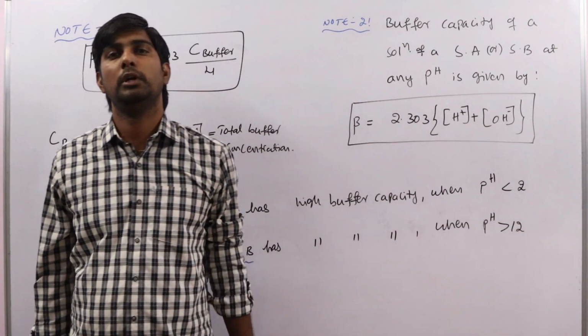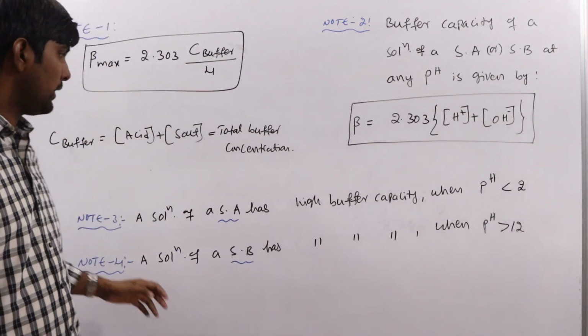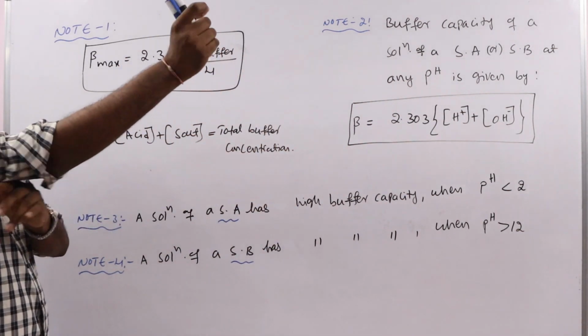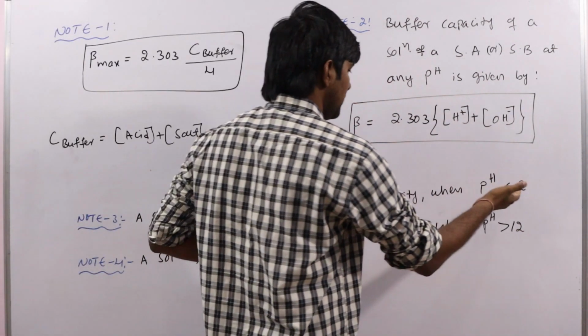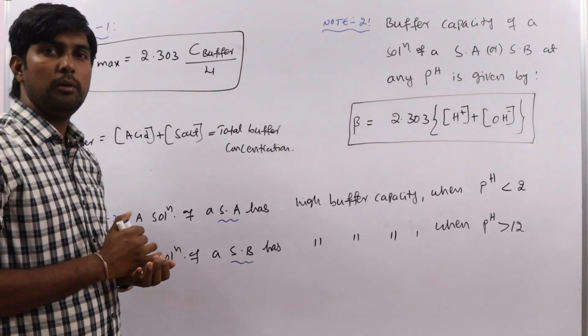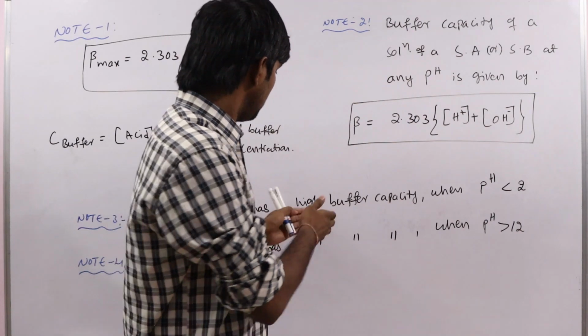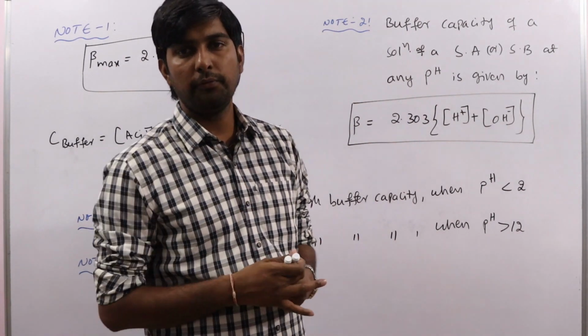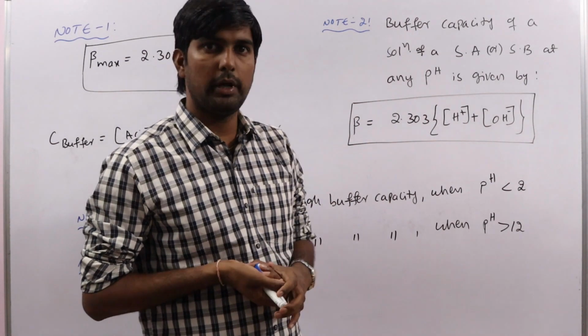A solution of a strong acid has a high buffer capacity when pH is less than 2. If you consider a strong acid solution, when pH is less than 2, it will show very high buffer capacity, meaning its pH value cannot change by the addition of more moles of acid or base.